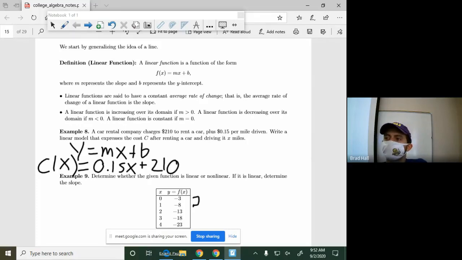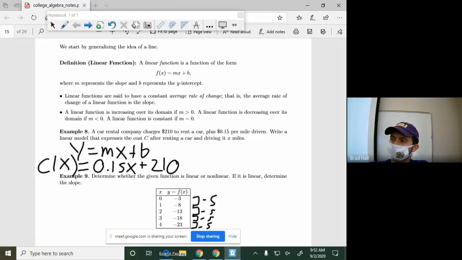It seems like it's subtracting 5. -3 minus 5 is -8. All right, so what's the difference between -8 and -13? Well, that's -5. And then -13 and -18, -5. -18 and -23, that's -5.